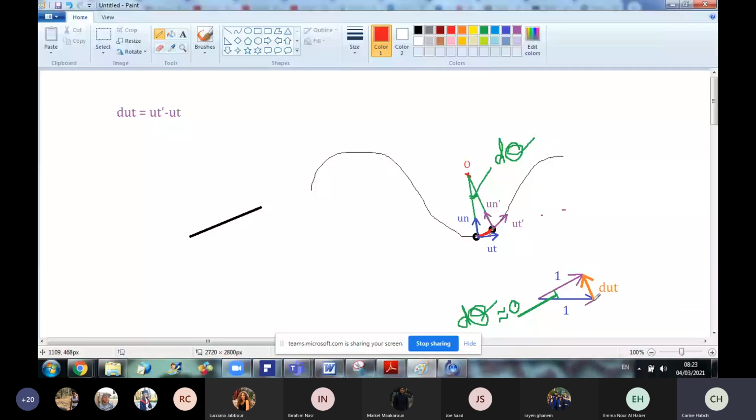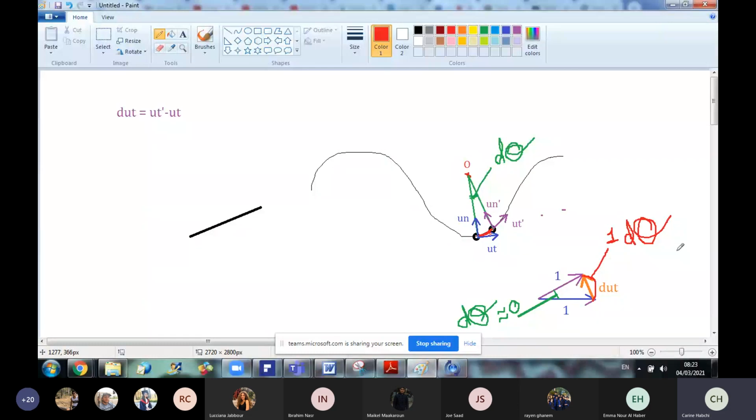What is the length of this arc of circle? It's the radius times d theta. So this one has a magnitude 1 times d theta, and the magnitude of dUT is d theta. I am done with the magnitude.